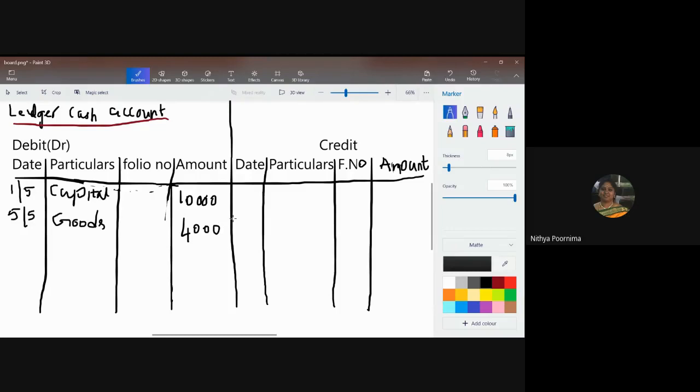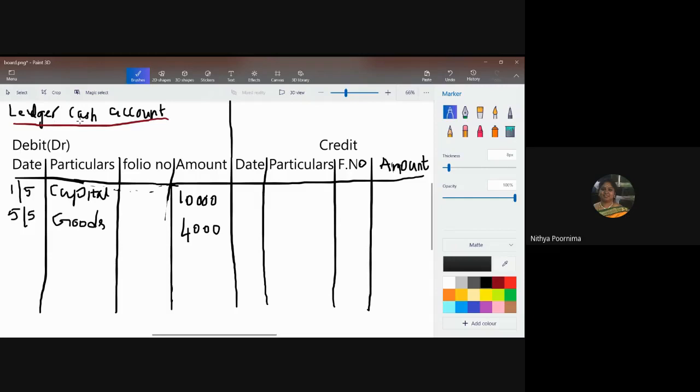Now, I hope you have understood what a ledger account is. From the journal, I'm just going to take out the cash account separately, the goods account separately, and the capital account separately. Now, from the cash account, whatever transactions have happened, I am going to separate them into debit side and credit side.